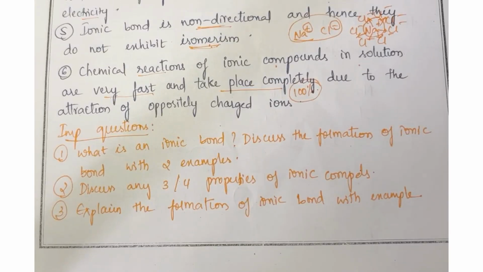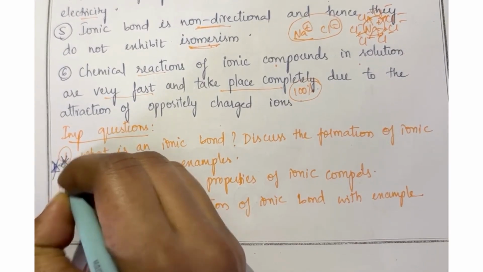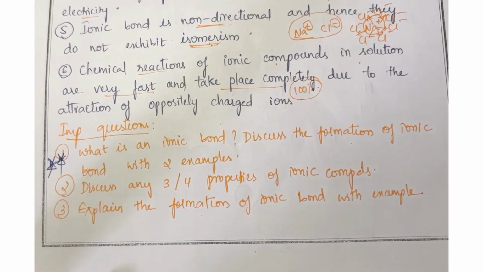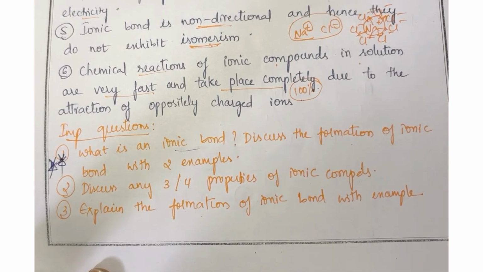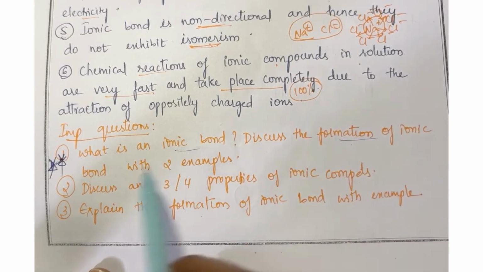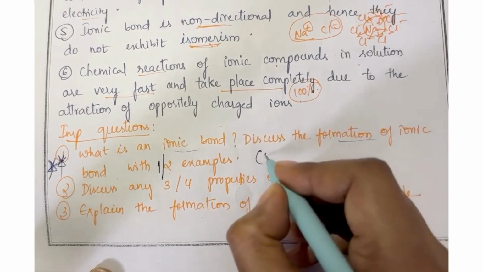The important questions from this topic are very important. This question is like a gunshot question in every exam. The question can be asked like, what is an ionic bond, where you have to give the definition. Then the formation of ionic bond with 1 or 2 examples, they might ask you for 5 marks.